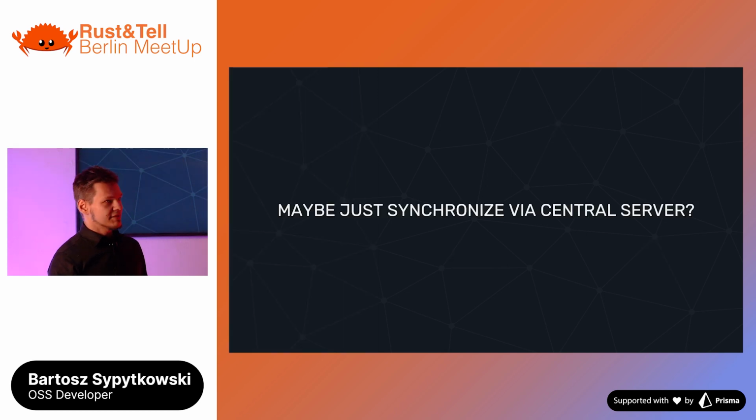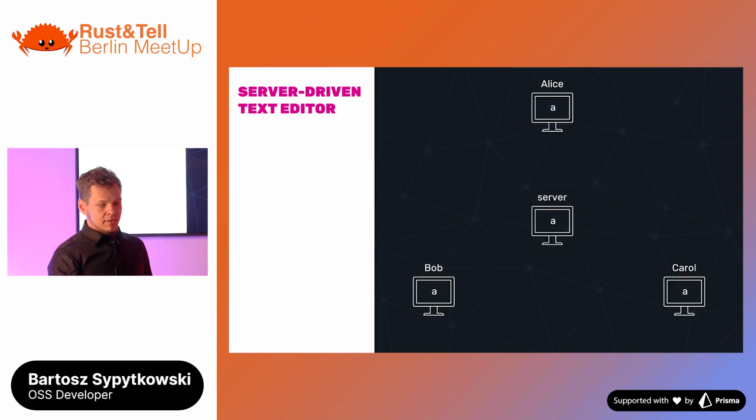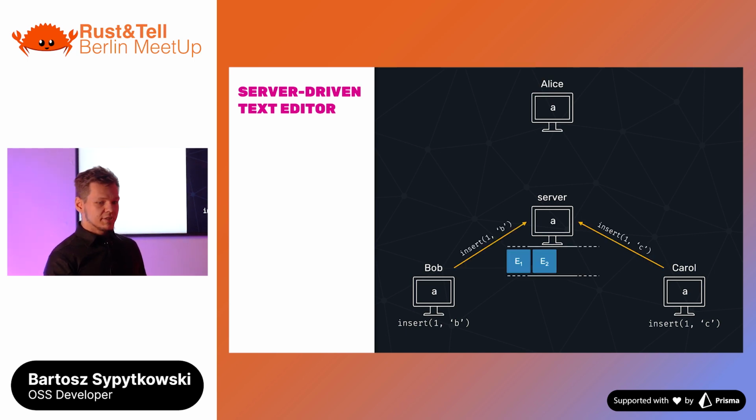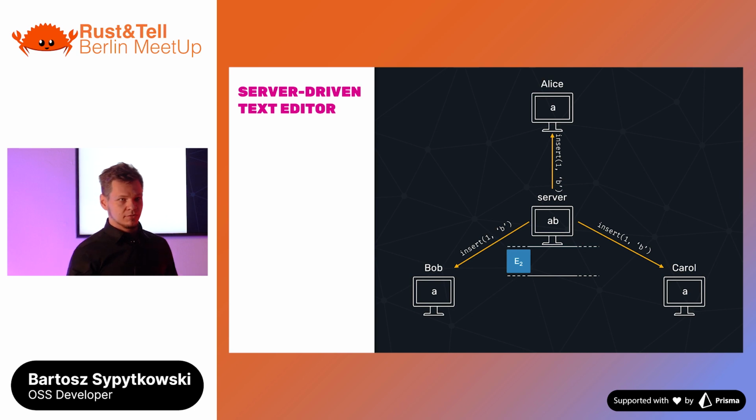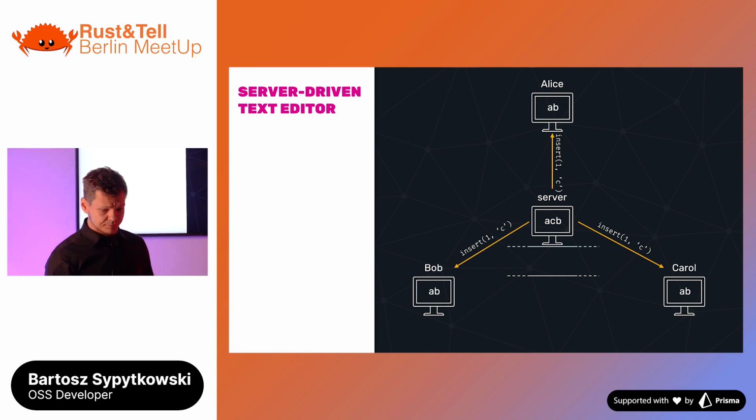This causes our application state to differ depending on the replica that we are talking about. So the simplest solution is to introduce a server, right, and propagate those updates through the server. Before we commit those changes locally, we send them to the server. The server queues them, puts the updates into some global order, and then sends the replicated state down to each of the peers contributing to this document.